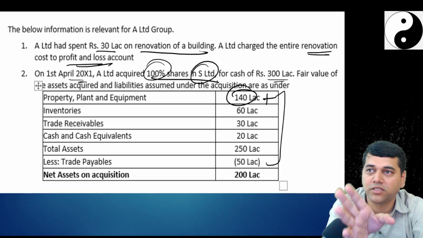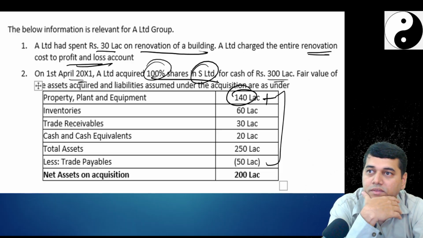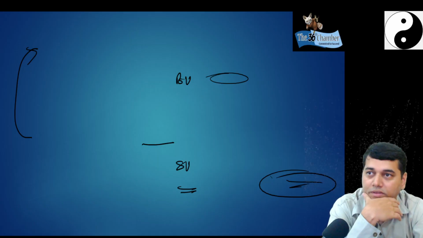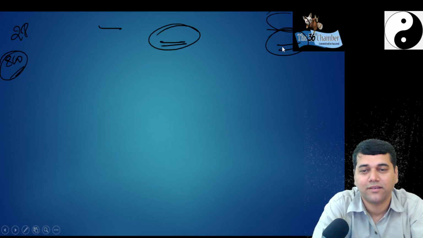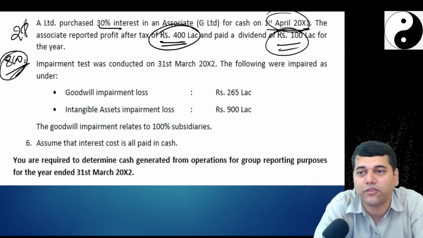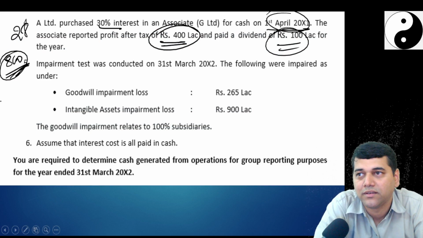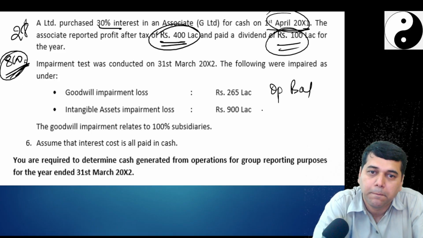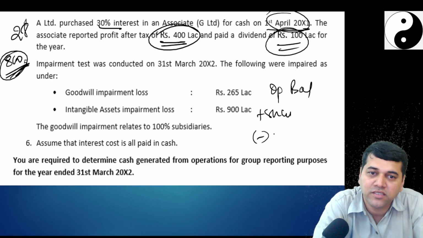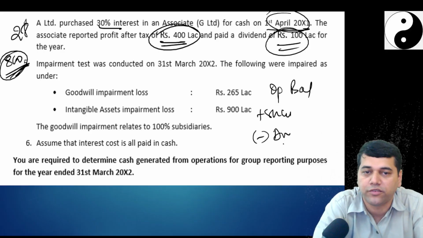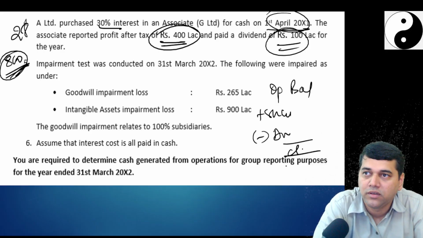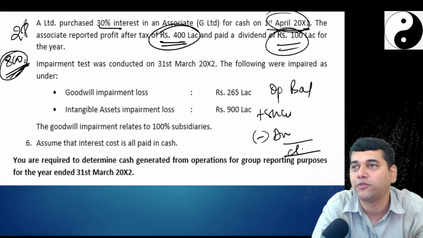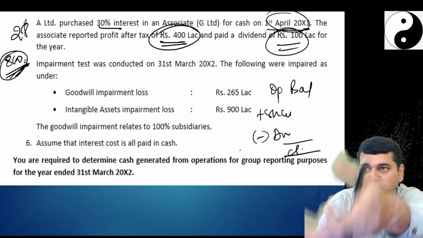Are you clear now? No, see, the closing balance of investment in associate is 800. This came how? Opening balance plus share of profit minus dividend received. That gives you the closing balance. Now, in the cash flow statement, how much you have invested, that is going to come.